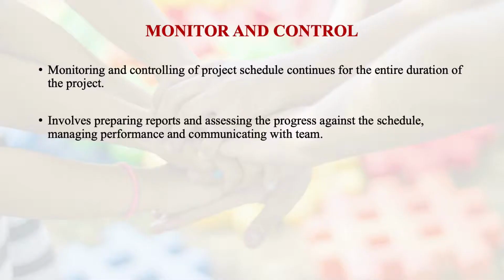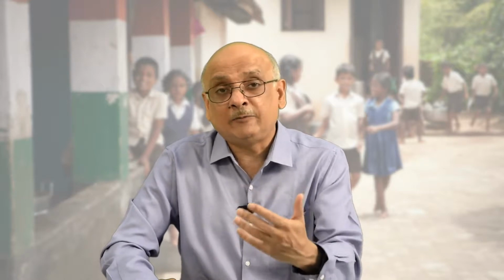It involves preparing reports and assessing the progress against the schedule, managing performance and communicating with the team. So you are not only controlling, but constantly communicating with the team, where they are lagging, where they might like to put in more effort.